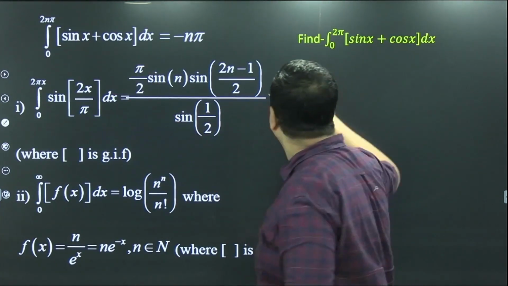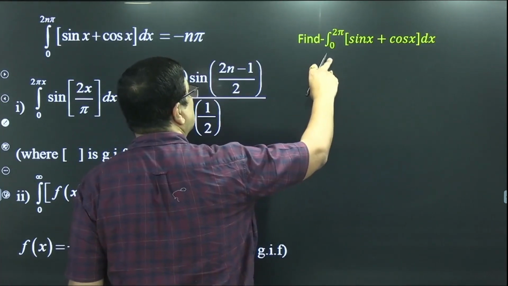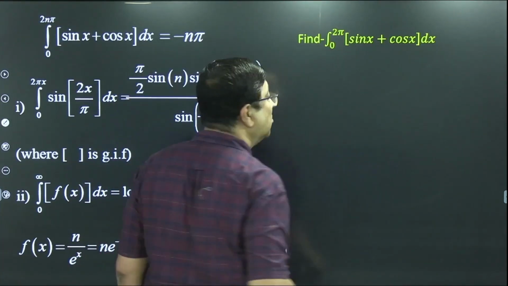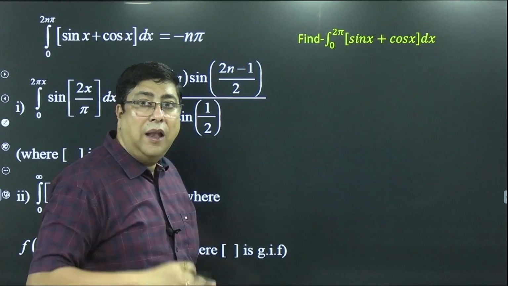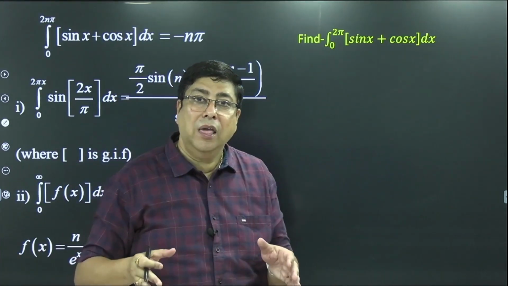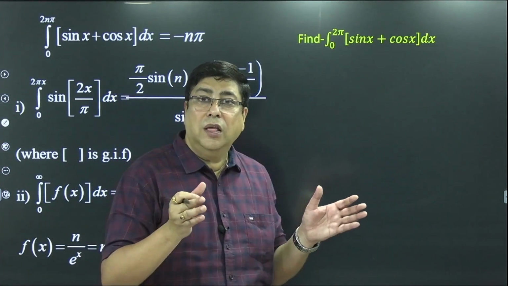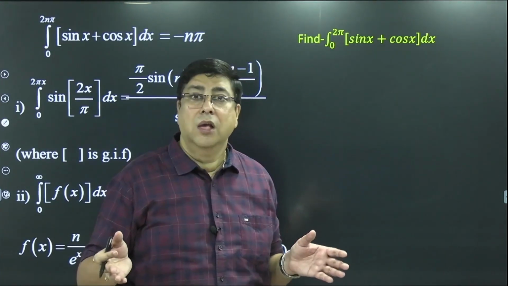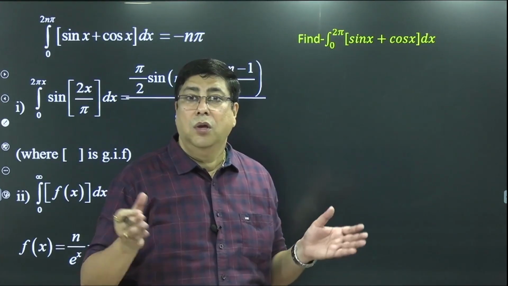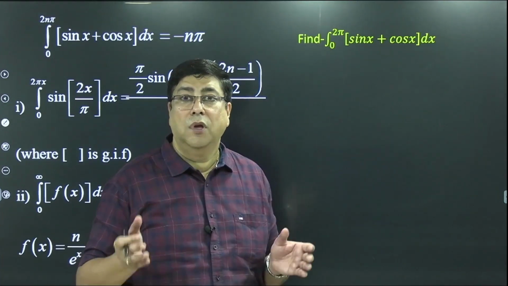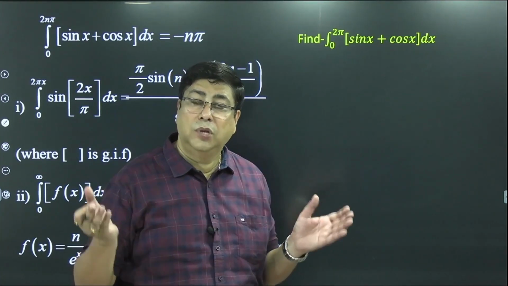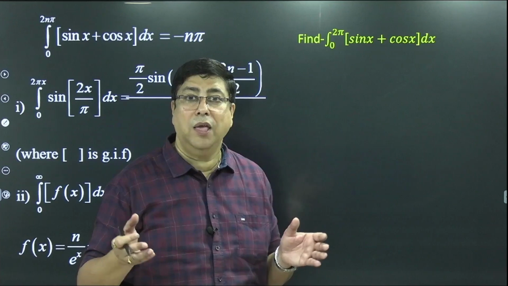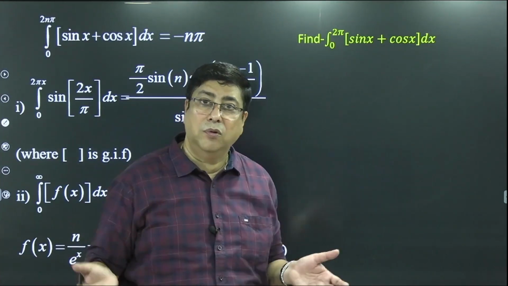For example, this is one previous JEE Advanced question: 0 to 2 pi box of sin x plus cos x. If we solve by the normal way, we take root 2 common, sin of x plus pi by 4, and x plus pi by 4 equal to t. So this is coming pi by 4 to 2 pi plus pi by 4, so pi by 4 to 3 pi by 4, 3 pi by 4 to 5 pi by 4, 5 pi by 4 to 7 pi by 4.